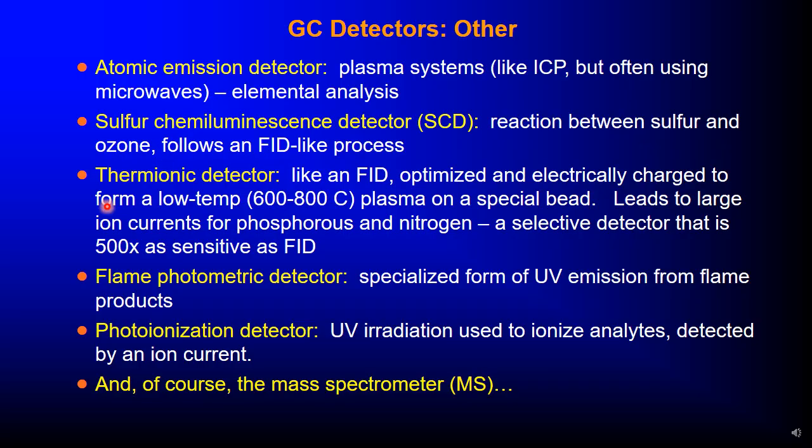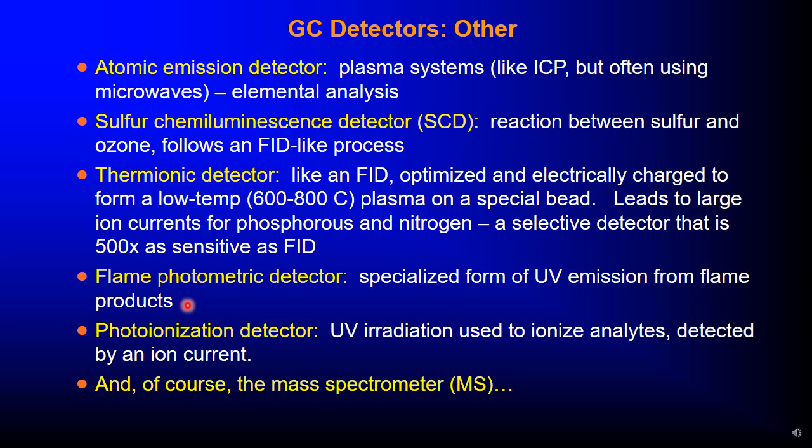Then we have thermionic detector, like flame ionization detector, optimized and electrically charged to form a low temperature plasma on a special bead, leading to large ion currents for phosphorus and nitrogen. A selective detector that is 500 times as sensitive as flame ionization detector.